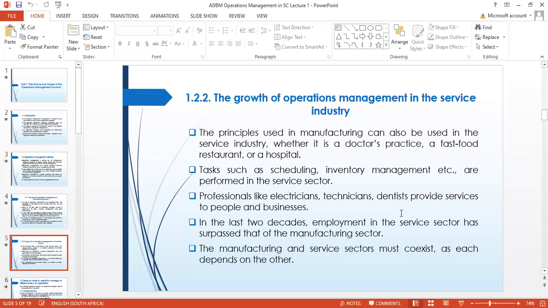Without the manufacturing industry, the service sector cannot be there. So these are the two sectors that we have, the manufacturing sector and the service sector, which should coexist, which should support each other.